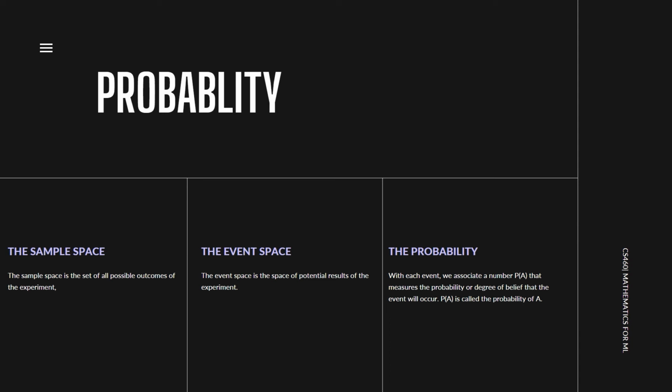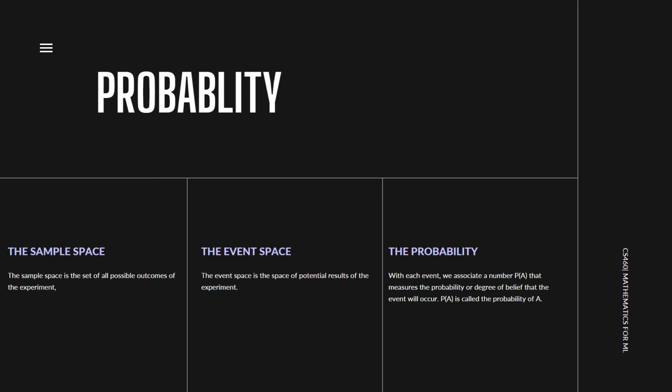Probability, as we know, is a chance of a particular event happening. For probability, we have a sample space. Sample space is all possible outcomes that can happen in that event. Event space is the potential results of outcome that can happen. Event space is always a subset of a sample space.